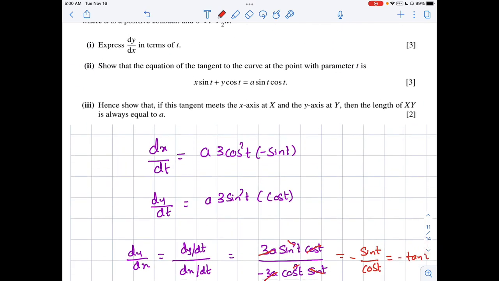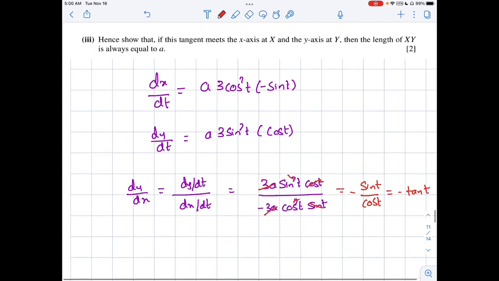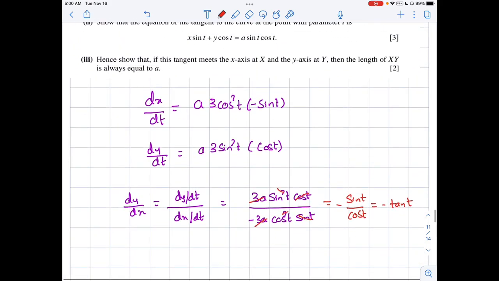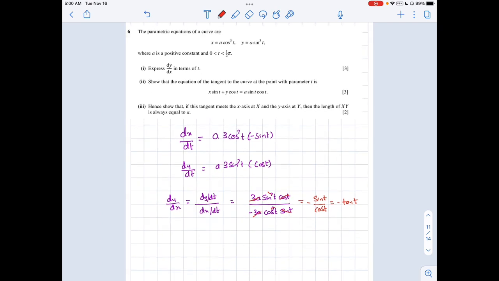Show that the equation of the tangent to the curve at this point is this much. So equation of a tangent means minus tan t is the slope. So equation of the tangent will be y minus y1, which is a sine cube t, is equal to m. M is minus sine t upon cos t times x minus x1, a cos cube t.